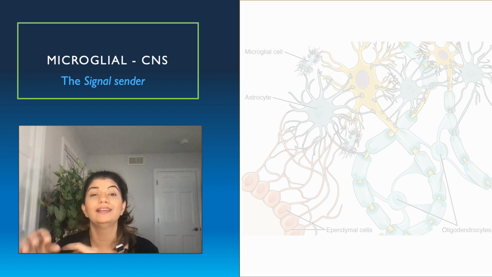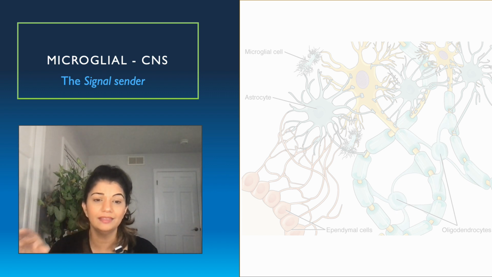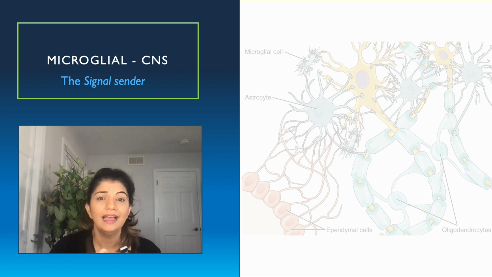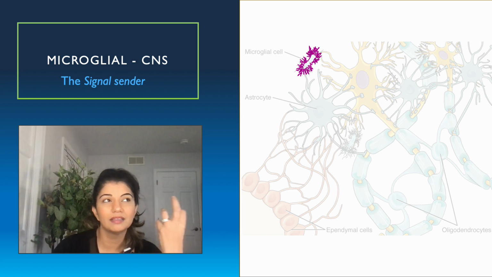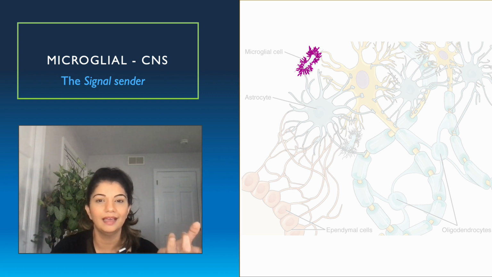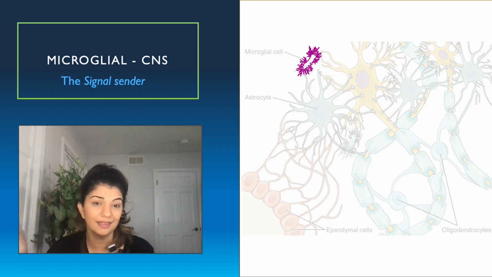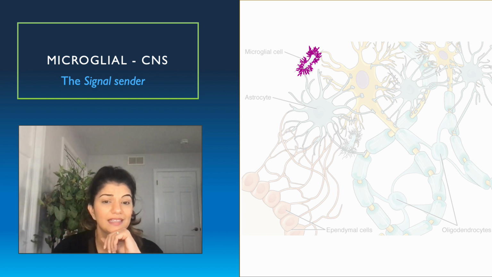The next one is microglia. Again, this is found in the CNS, and as the name implies, it's smaller than the other sort of glial cells. And again, there's a lot of research going on into these cells. And there is some inference here that they originate as white blood cells called macrophages, and then they become part of the CNS during early development.